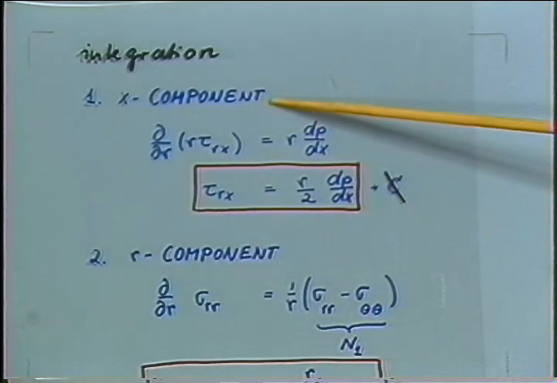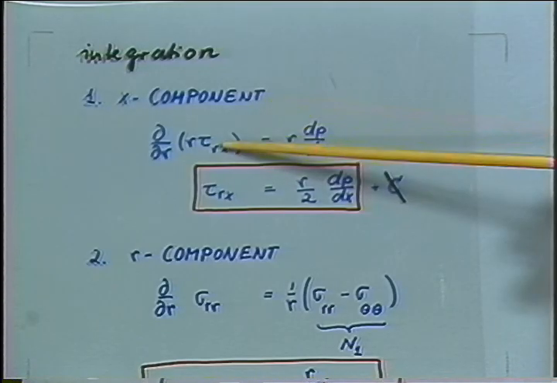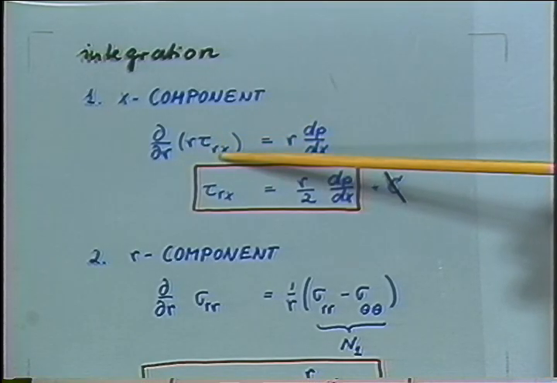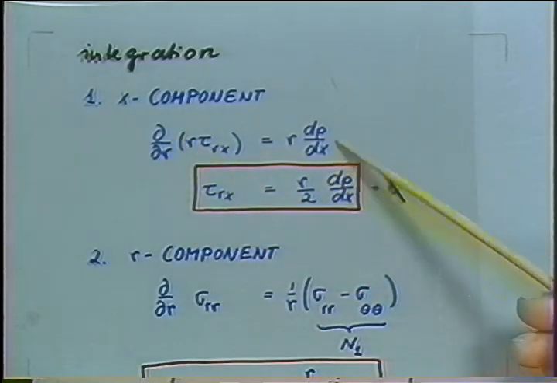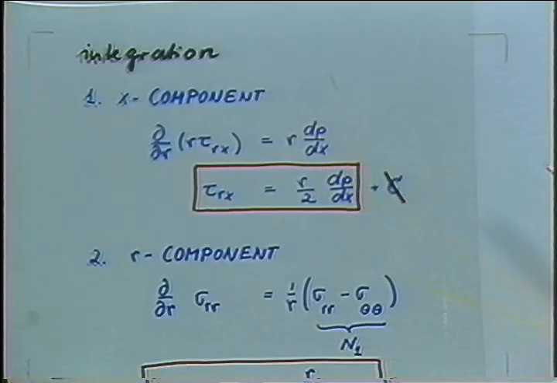The component in flow direction contains the gradient of the shear stress multiplied with r and taking the derivative here, and this is given here with a pressure gradient in x direction.